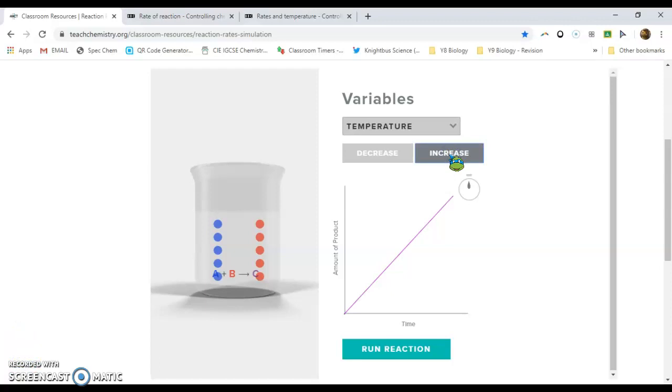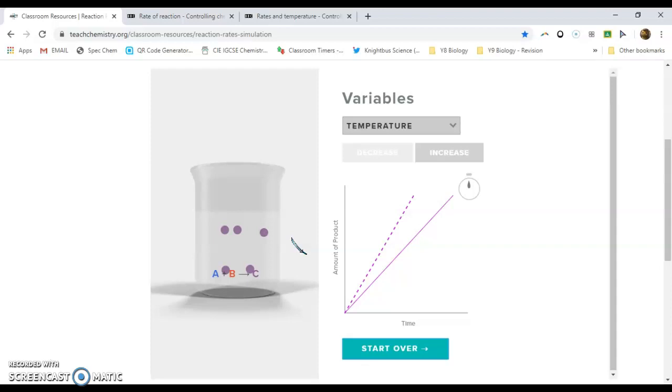Well, let's increase the reaction. Now remember, this was what was happening at room temperature. As time went by, we got this amount of product being produced. Let's run the reaction. You'll notice that they're moving much faster. So there's more stored kinetic energy in the particles. They're moving much faster.